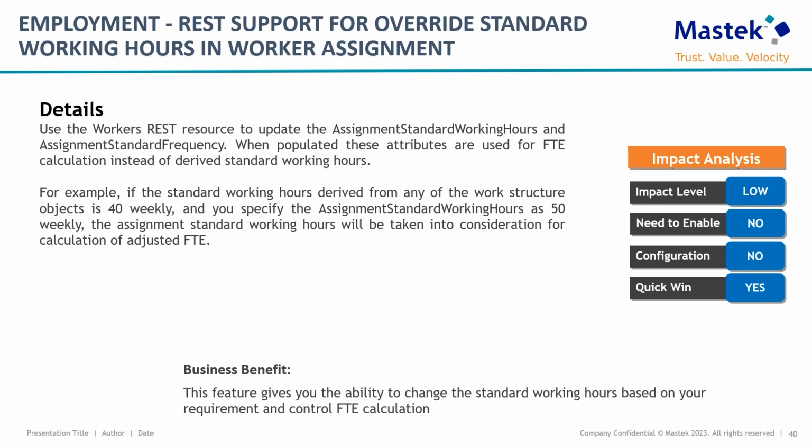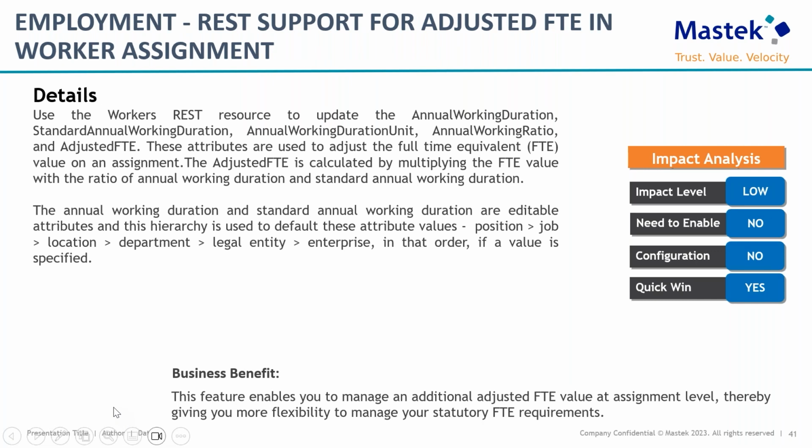To take an example, if the standard working hours derived from any of the work structure object is 40 weekly, and you specify the assignment standard working hours as 50, the assignment standard working hours will be taken into consideration, which is on assignment, for calculating adjusted FTE. The business benefit of this is this feature gives you the ability to change the standard working hours based on the requirement and control the FTE calculation as well.